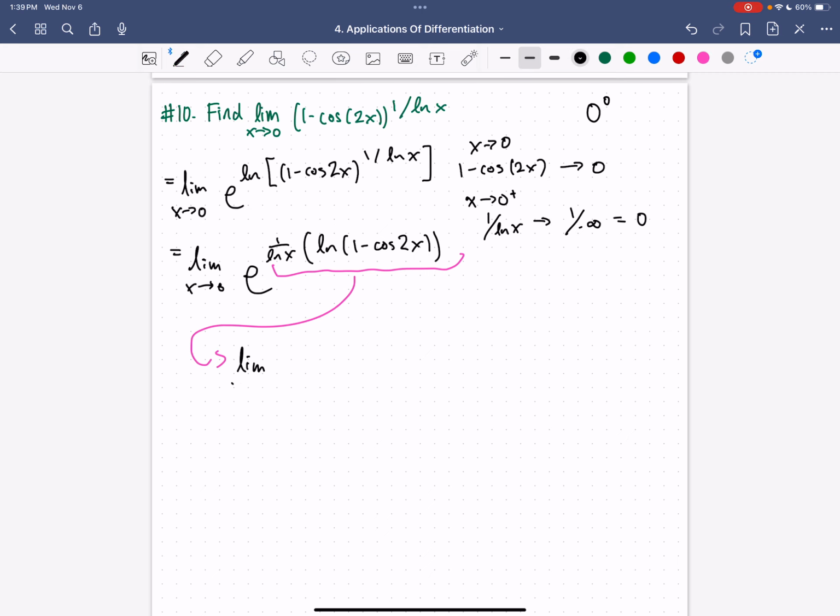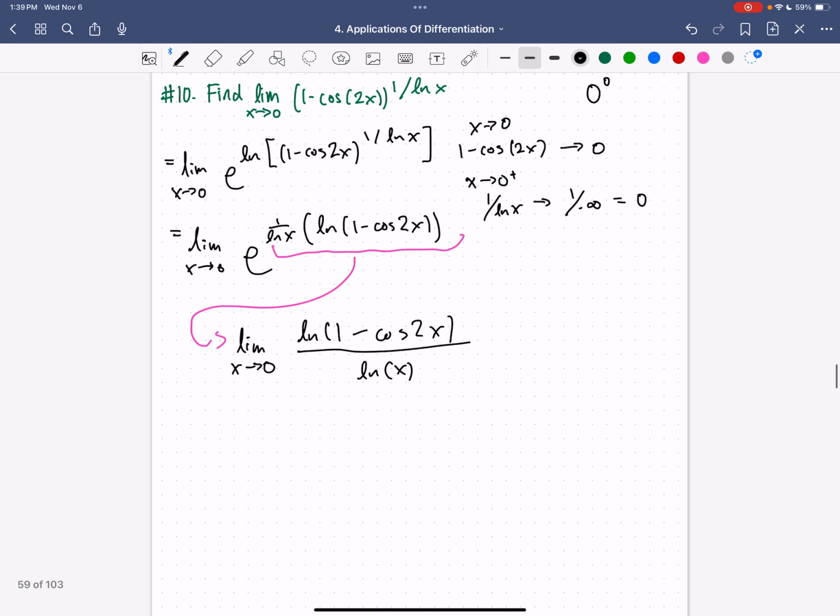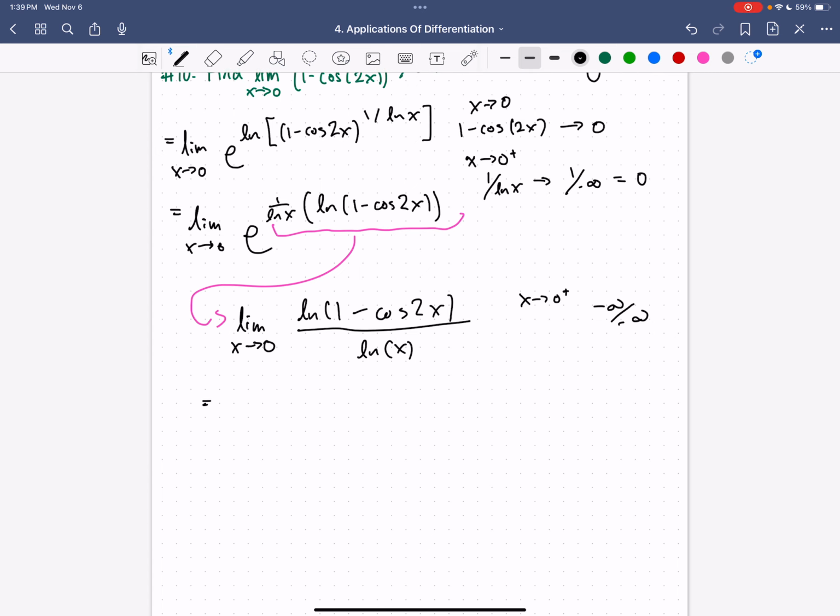So the limit as x goes to 0 of, here let's again take the 1 over log x and put that as our denominator, and in the top, we can just leave the log of 1 minus cos 2x. Now, as x goes to 0 from the right-hand side, we would get negative infinity over negative infinity, which is indeterminate, and we can use L'Hopital.